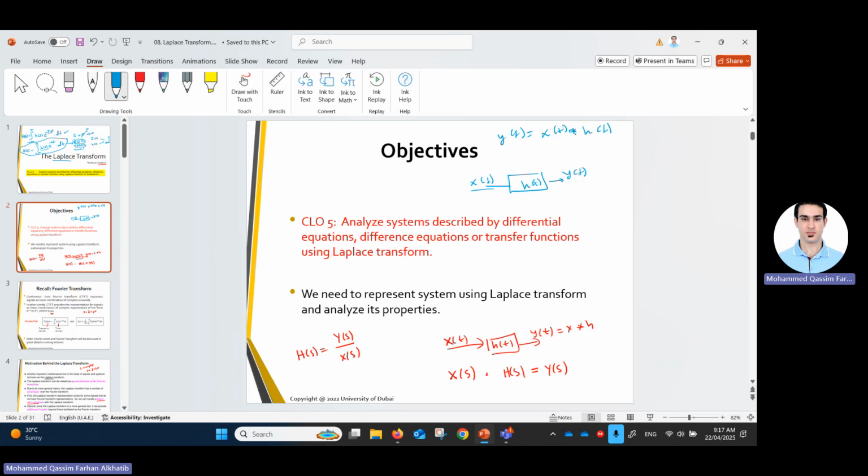That is in time domain, we have convolution. In the Laplace domain, y of s equals x of s times h of s. So pretty much like what we did in the Fourier transform, y of j omega equals x of j omega times h of j omega. So here we can say h of s equals y of s over x of s.